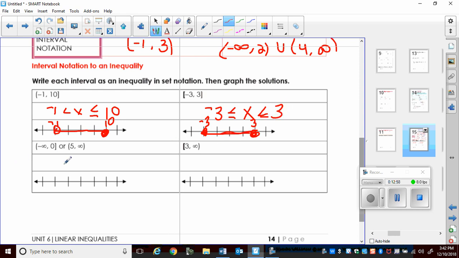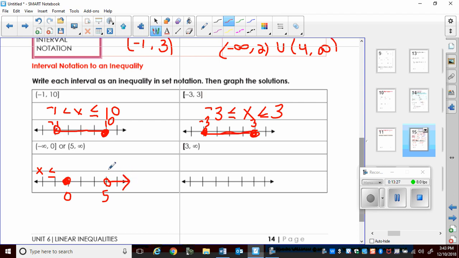All right, this OR statement, on the other hand, I have 0, and then I have 5 somewhere over here on the right, and it looks like it's filled in, so it's equal to. All of these x values are less than 0. Then at 5, it's an open circle because of the parentheses, and it's going towards positive infinity.